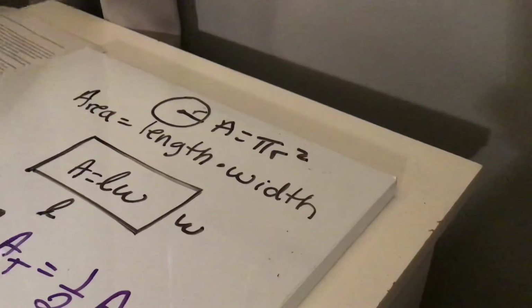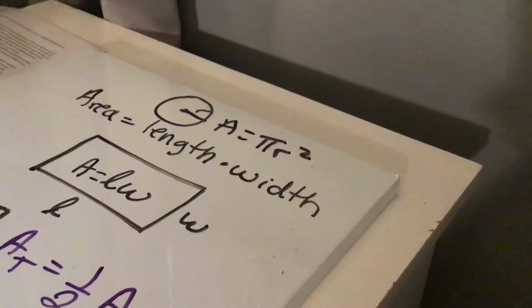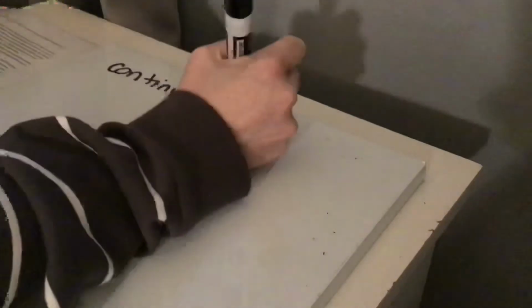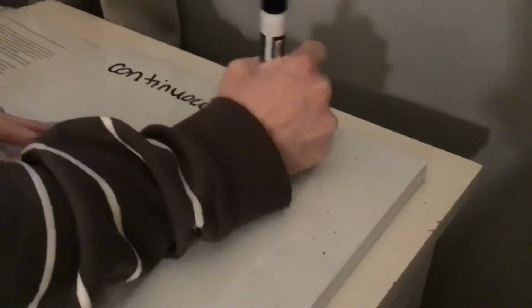Okay, but we haven't exactly defined how to find the area of a region that's bound by a curve. Okay, so we start trying to figure it out by considering a graph that is continuous. That means there are no holes, no jumps, no breaks, okay?